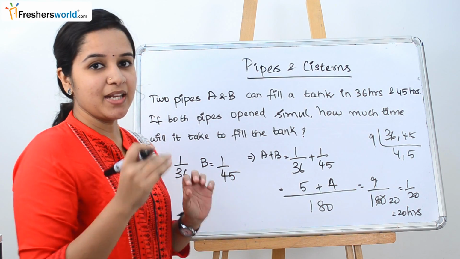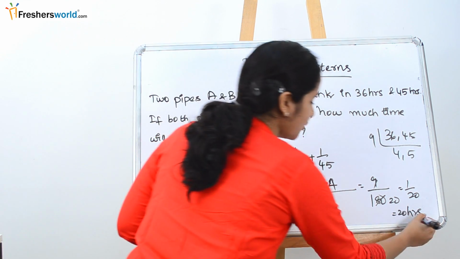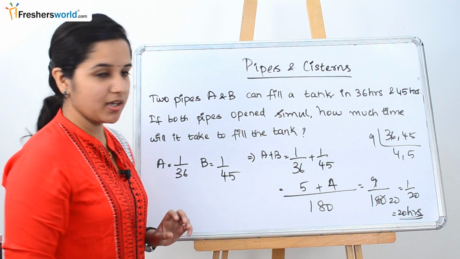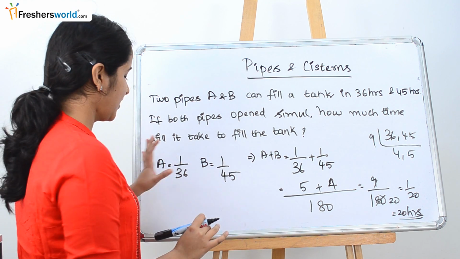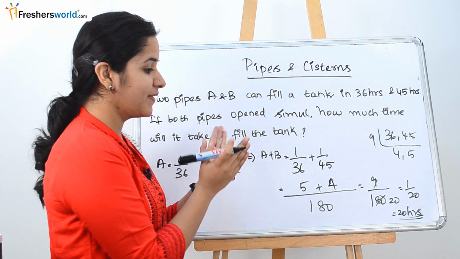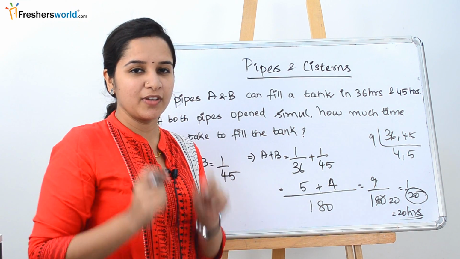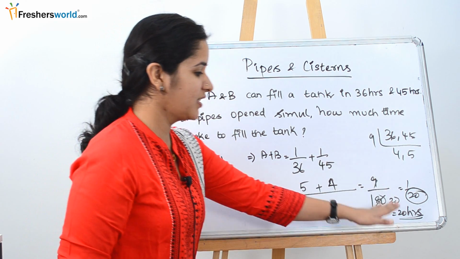So the time taken to fill the tank by both pipes A and B is 20 hours. What did we do here? We first represented the question as 1 by 36 and 1 by 45 and added them together. When we solve it, the number that comes in the denominator is the number of hours taken to fill the tank, which is 20 hours.